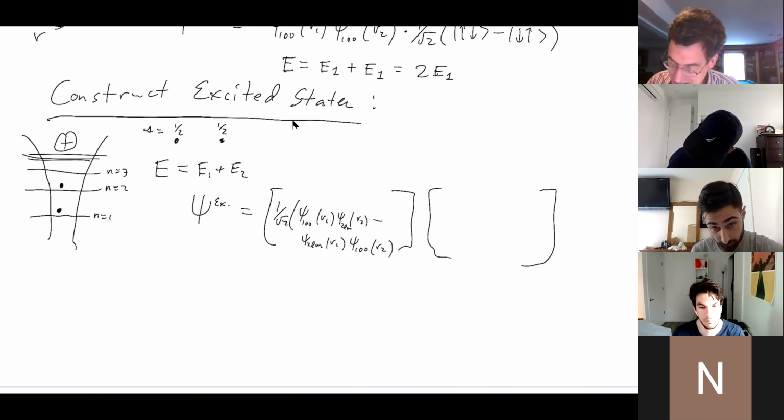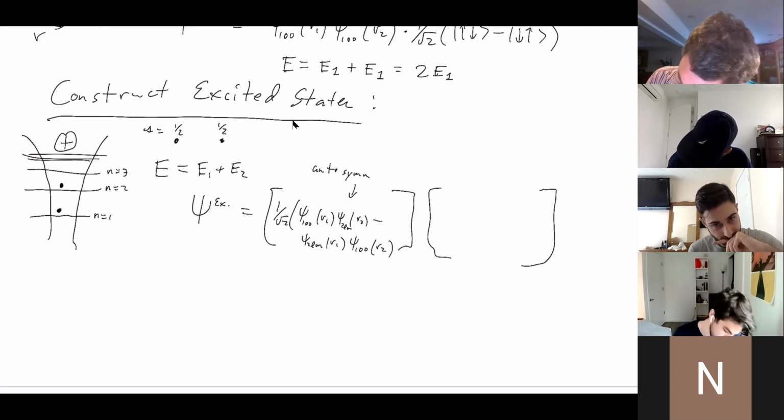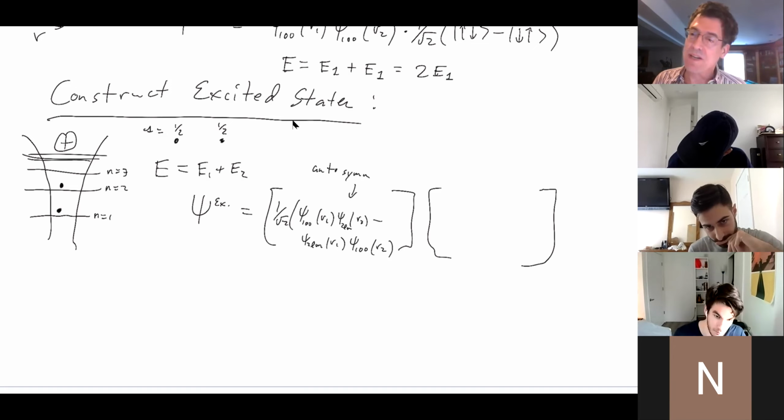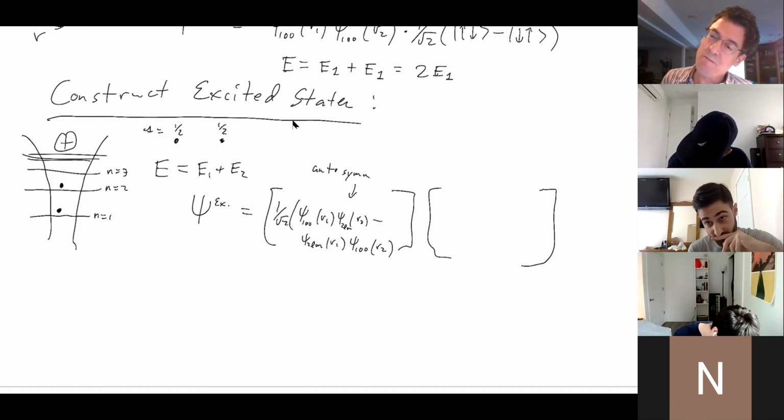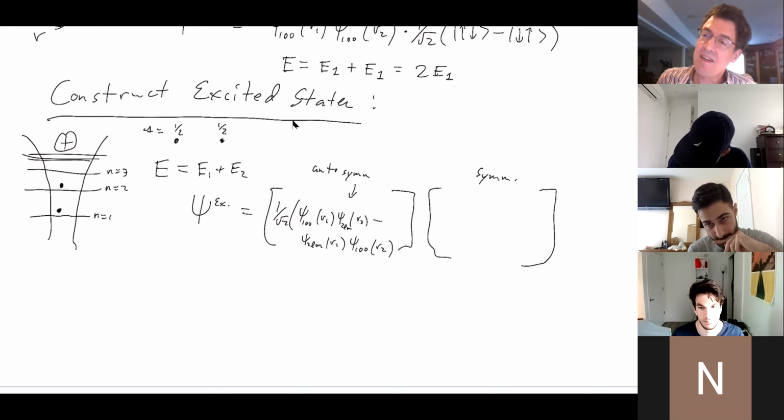Okay, so that's the antisymmetric spatial state. And then, because that's antisymmetric, the spin part has to be what? Symmetric. Exactly. So what spin should I give it?